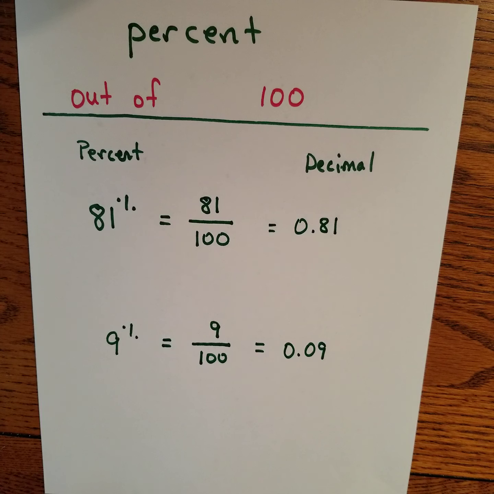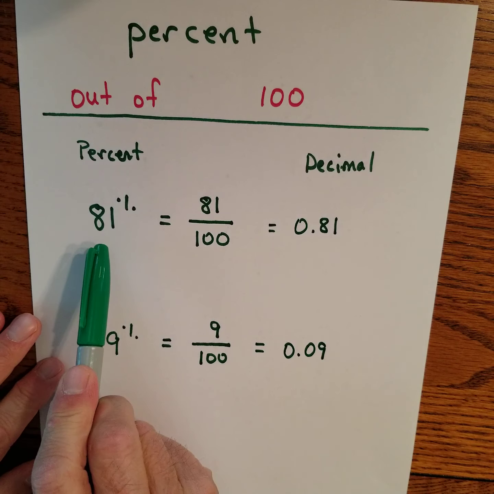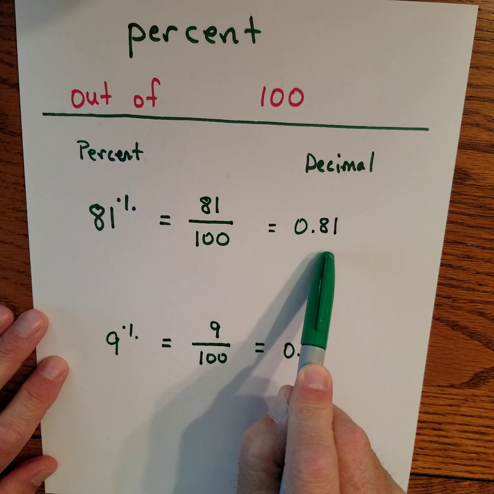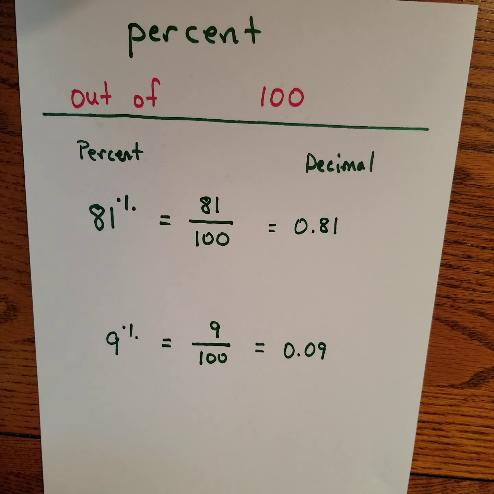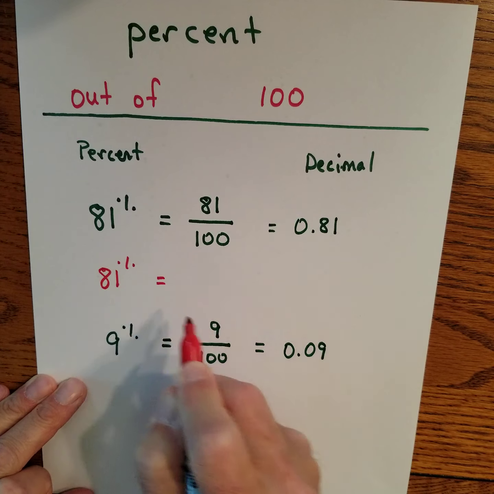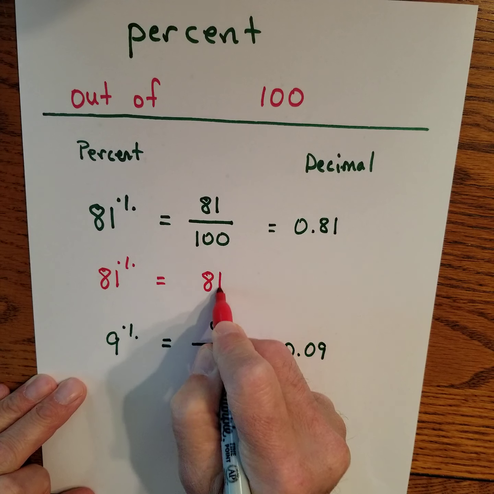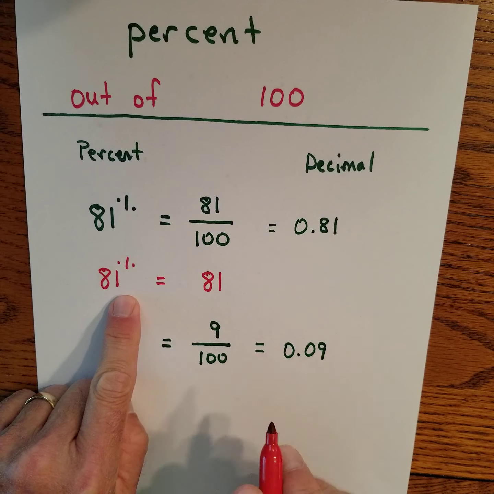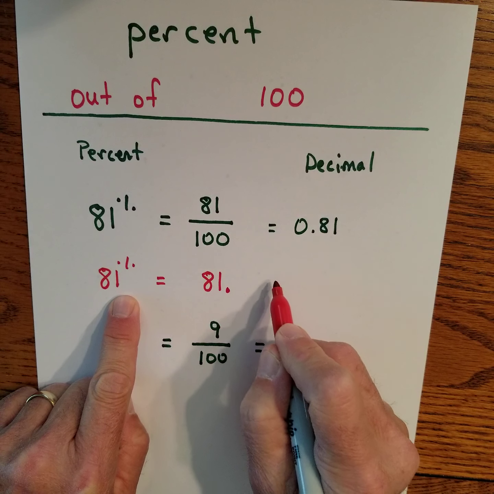Now suppose what I wanted to do is go straight from the percentage to the decimal. Can I leave the fraction out in between? If I want to change 81%, I'll think of 81% as 81 with the decimal point there.